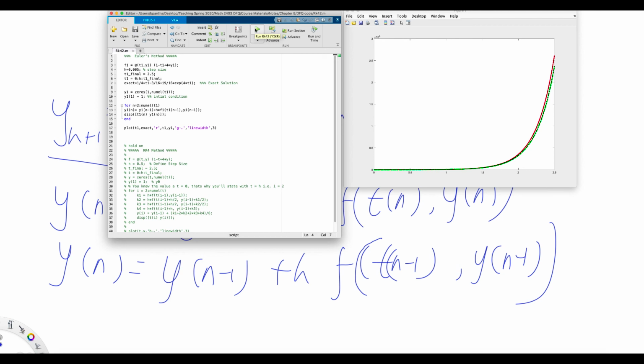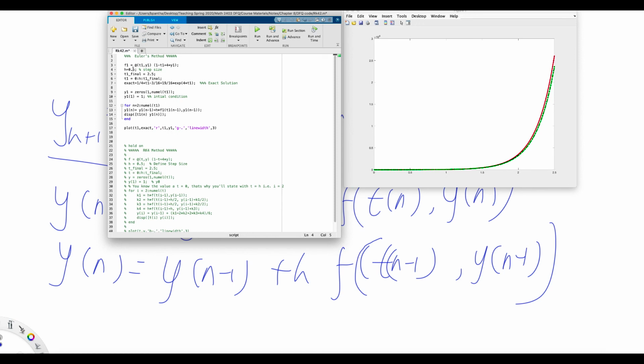The reason is that when h is a very small value, this code will run many times. Why is that? When h equals 0.5, t1 will be 0, then 0.5, then 1, 1.5, 2, 2.5. That's it, so only 5 steps.